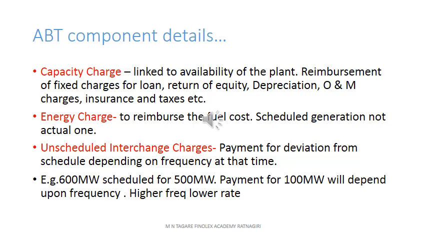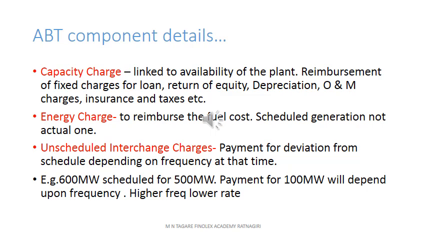I will recover the fuel cost which is required for the scheduled generation, not the actual one. So this is the energy charge. And the last one, as I discussed, is unscheduled interchange charges. It is the payment for deviation from the schedule depending upon the frequency at that time. So here frequency is very important.